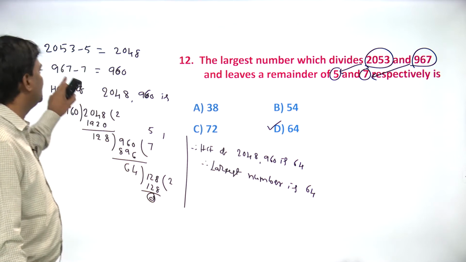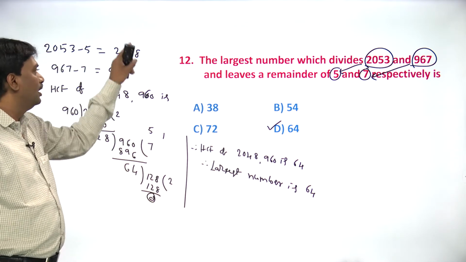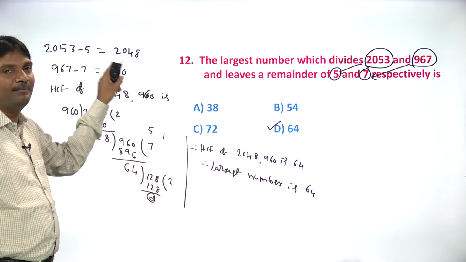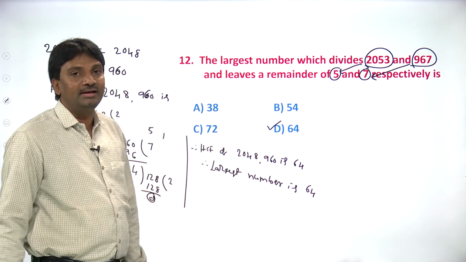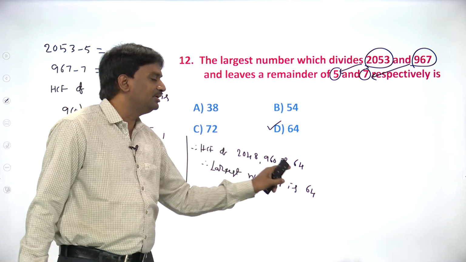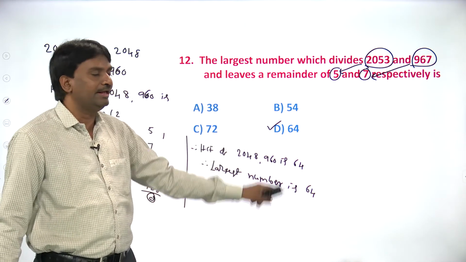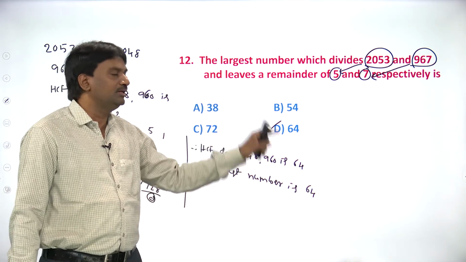Subtract 7 from 967, we get 960. Now find the HCF of these two numbers. That number is the required number. By finding the GCD, we have gotten 64. So option D is the correct option.